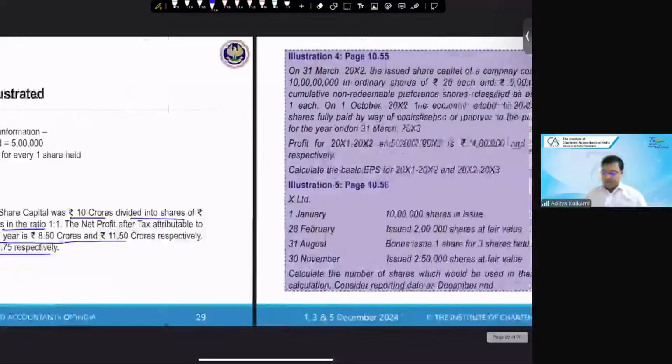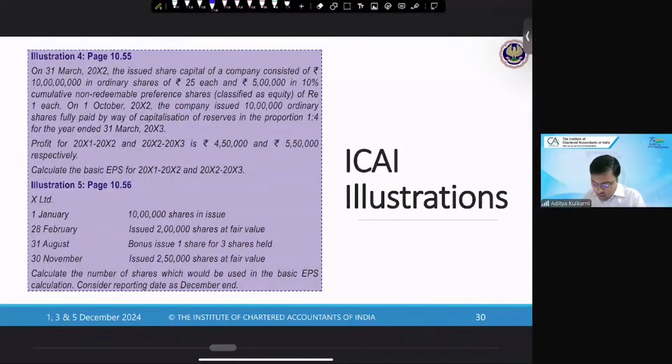All right. Now, can you do this for homework? On 31st March X2, issued capital consisted of rupees 10 crore in ordinary shares of 25 each and 5 lakh in cumulative non-redeemable preference shares of rupee 1 each.